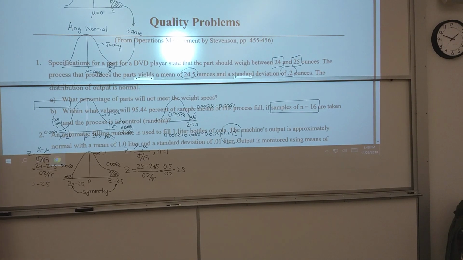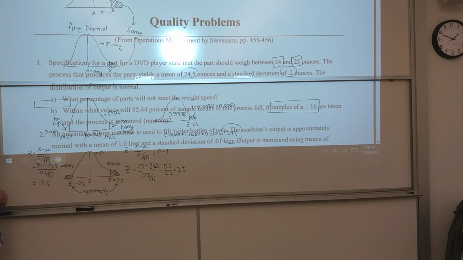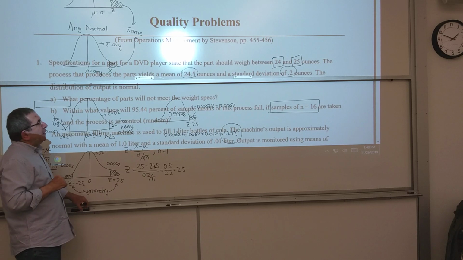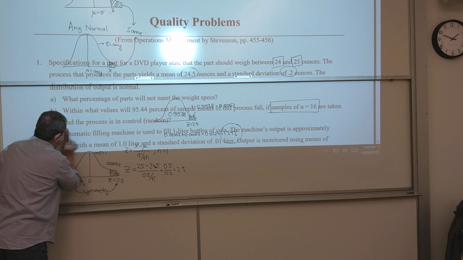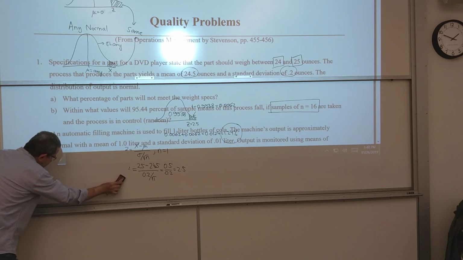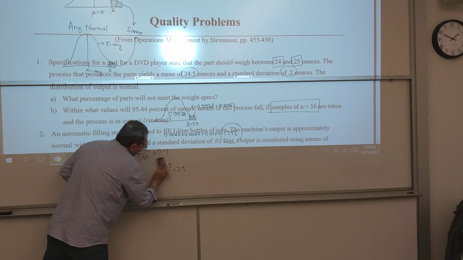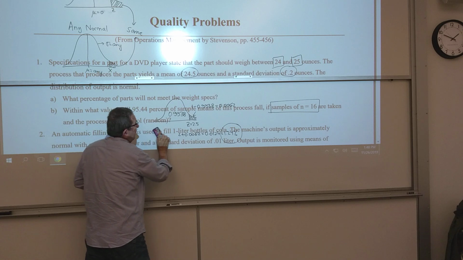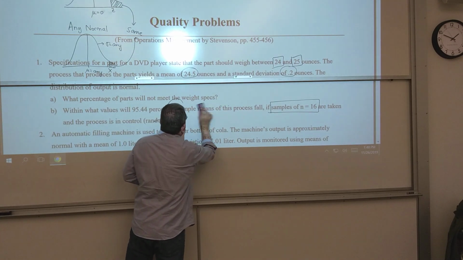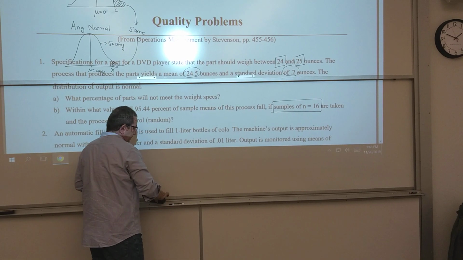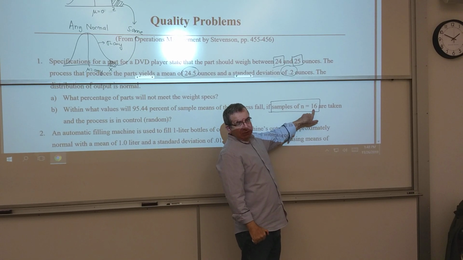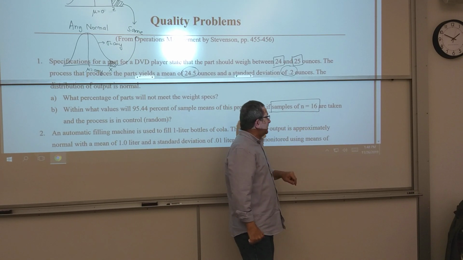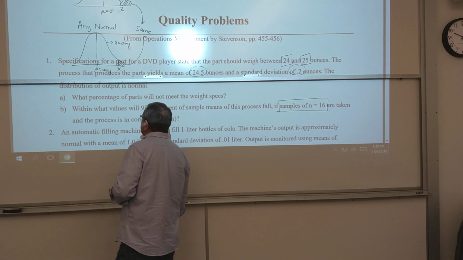Okay, so let's go to part B. First of all, in part B, we have samples. We take samples, and each sample has 16 items in it, so n equals 16.